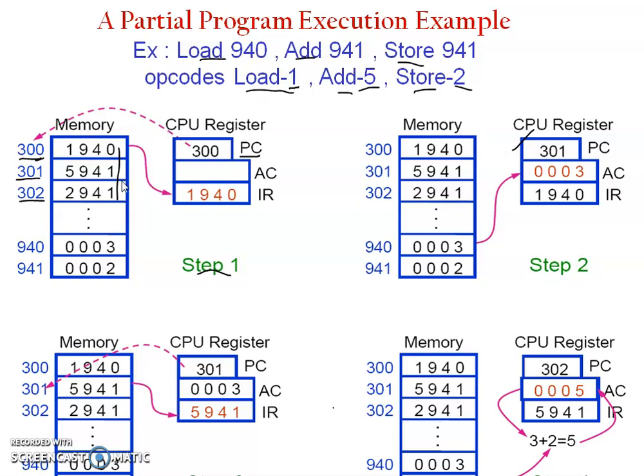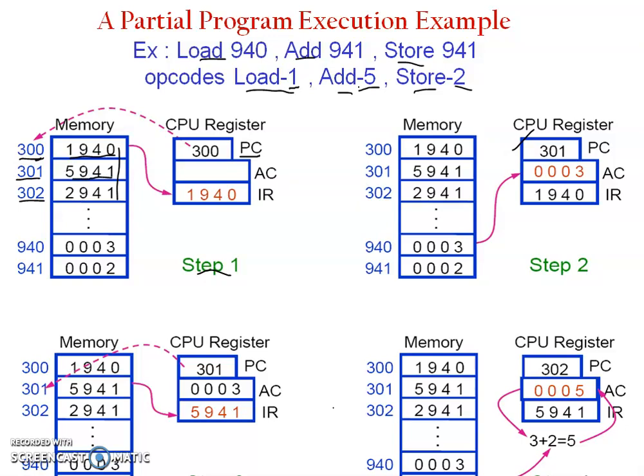Inside the memory we have learned that it will have the instruction as well as the data. So here you can see that load 940 is stored in the memory as 1940. The second instruction, add 941, is stored as 5941.